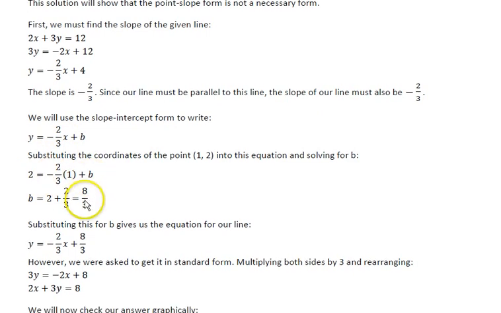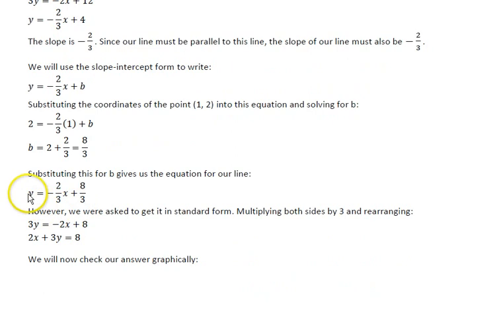We'll find that b is 8/3. Plugging back in, we get the equation of our desired line. However, we were asked to get it in standard form, so we multiply both sides by 3 and rearrange with the x's on the left, and we get our answer, 2x plus 3y equals 8.